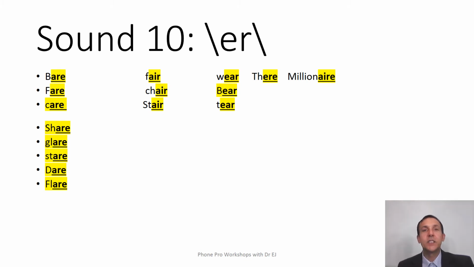Okay, this is sound number 10. The sound is a very interesting sound because it has a transition. It has a transition from air to okay? Be careful because sound number 10 can make you confused because for some reason, many students pronounce it like sound number 1.